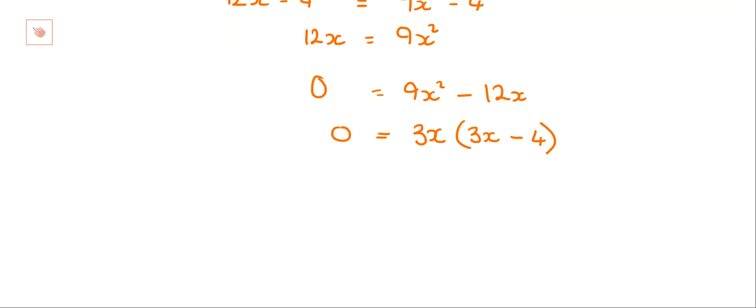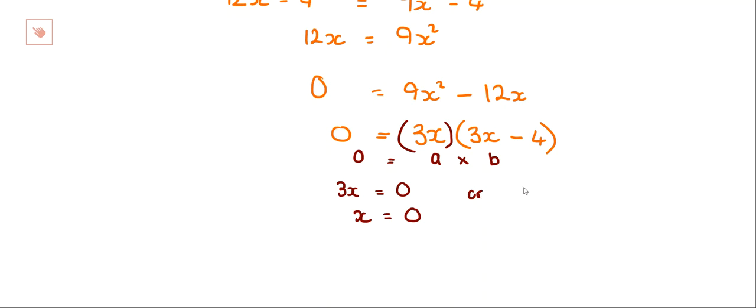Now, what do we do at this stage then? So we've now got something times something equals 0. So even if we don't have two sets of brackets, I can put a bracket in if that helps. So now we know that both brackets have to be made equal to 0, don't we? Same as normal. So we've got 3x has to equal 0, which means x has to equal 0.